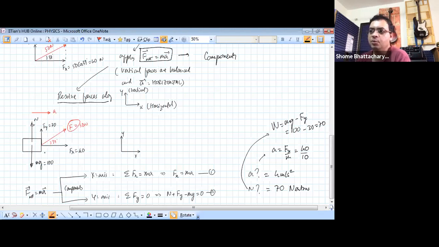So its vertical component, 30, is reducing the contact force between the ground and that particular body. This is what we mean by the self-adjusting nature of normal reaction. It adjusts itself from 100 newtons before we applied the force to 70 newtons now, because we are applying the force in that particular direction.